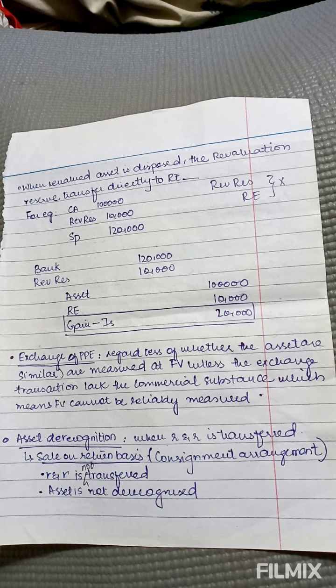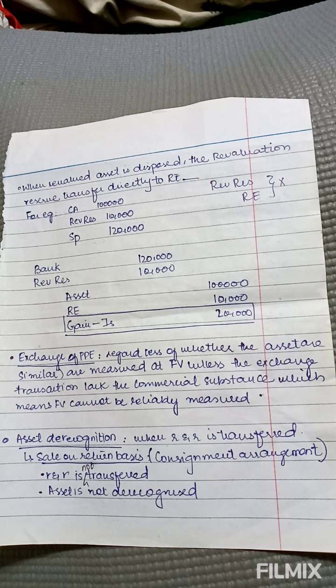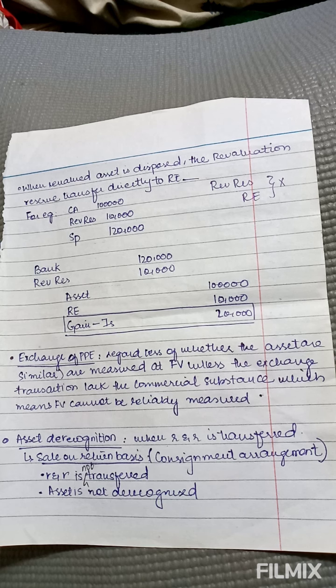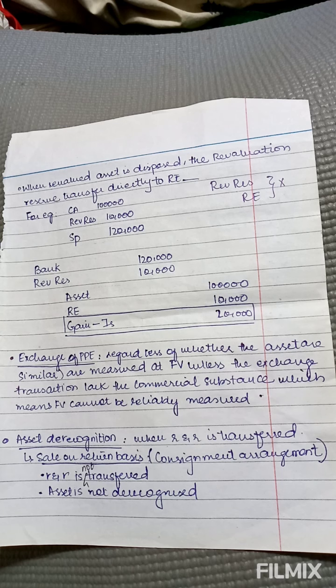The carrying amount of the asset is 100,000. The revaluation reserve has a balance of 10,000, and the sales proceeds, SP, written here, is 120,000. The double entry is: bank is debited with the amount of cash you are going to get. The revaluation reserve account is being closed by debiting it with 10,000.